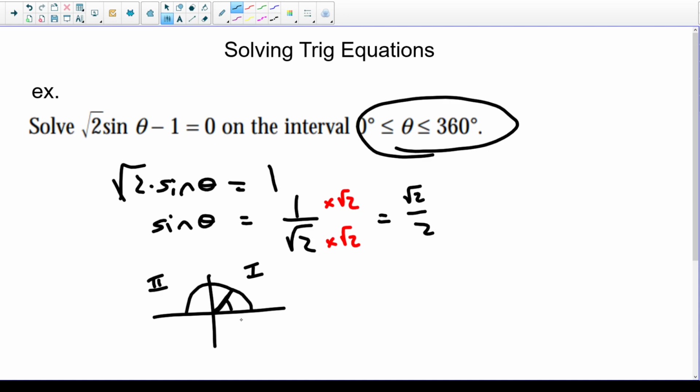That's at 45 degrees, or pi over 4, sorry. Okay? So we could either answer this question in degrees or in rads. Now, because this was given in degrees, we technically should be using degrees. Okay, but I just wanted to kind of throw in a rad measurement there to remind you of your rad measurements. So 45 degrees is one of the answers.